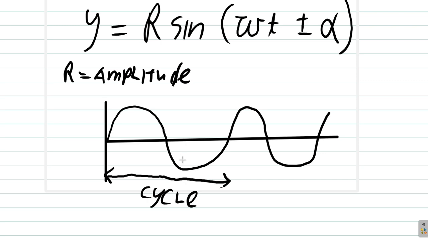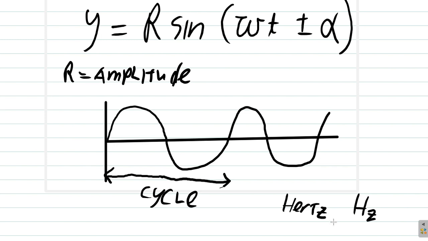And remember that the number of cycles that happen in 1 second is called the frequency. How frequently it happens. It's measured in hertz, usually written HZ.